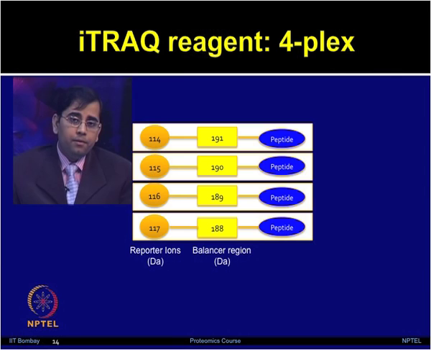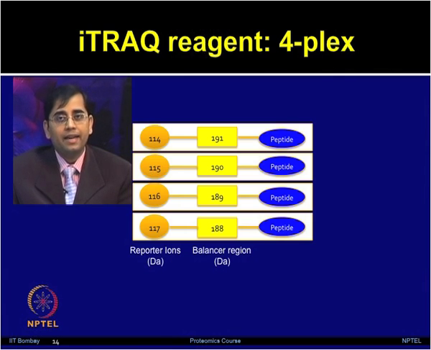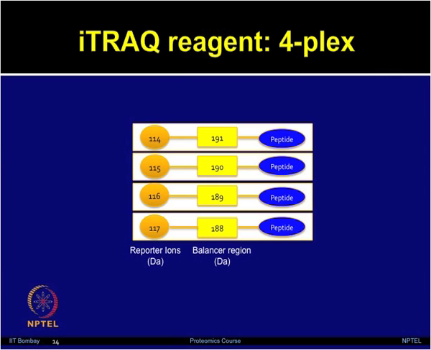The iTRAQ label is an isobaric tagging compound consisting of a reporter ion series. Here I have shown you the 4-plex iTRAQ reagent with 114 to 117 Dalton, a balancer region 191 to 188 Dalton, so that the total mass of the isobaric tag is 305.